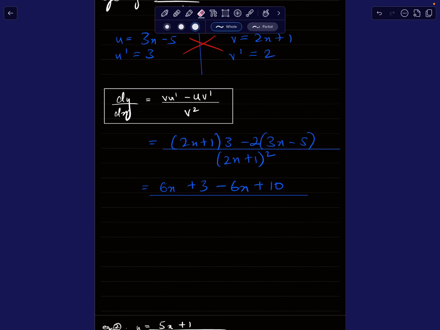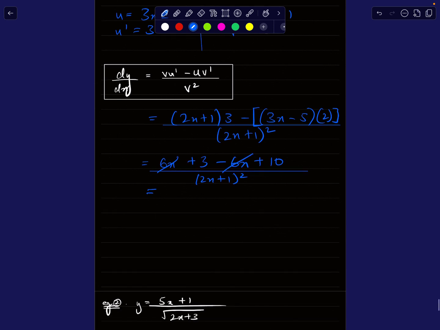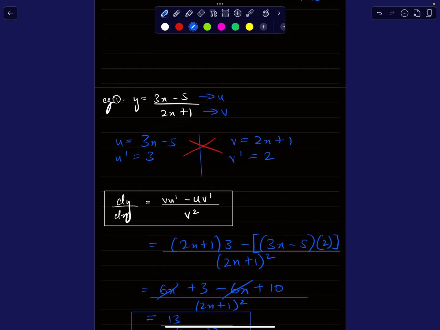Or in other words, you can write this down like this to avoid confusion. The minus sign is outside, and then 2x plus 1 whole square. 6x cancels out with minus 6x, leaving 13 in the numerator, and 2x plus 1 whole square in the denominator. This is my final expression for the differential of y after applying the quotient rule.